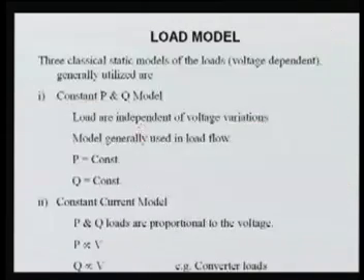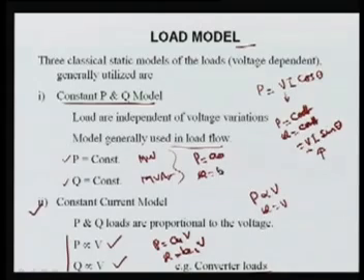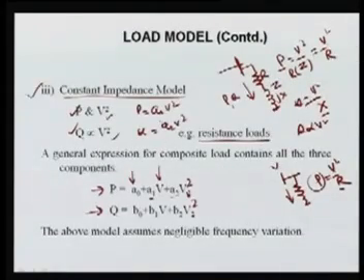Similarly we can write for this case P is equal to your A1 V, Q is equal to your B1 V. Here they are not the same constants, so A1, B1 I can write, and here I can say P is equal to your A naught and Q is equal to your B naught. Because B1, B2, B naught are different, as the reactive power is different, we can write the different coefficients.